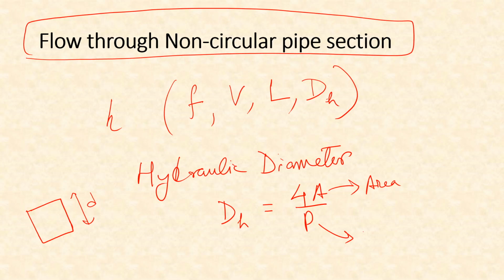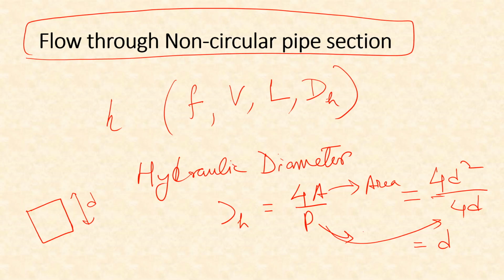In that case, area will be d square and perimeter will be 4d, and we also have a 4 multiplied here, so 4d square by 4d is equal to d. So in case of square pipes, we have seen that the length of the side represents the pipe diameter, the hydraulic diameter.